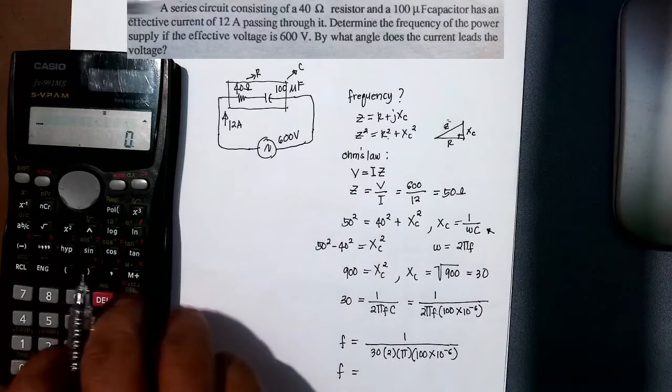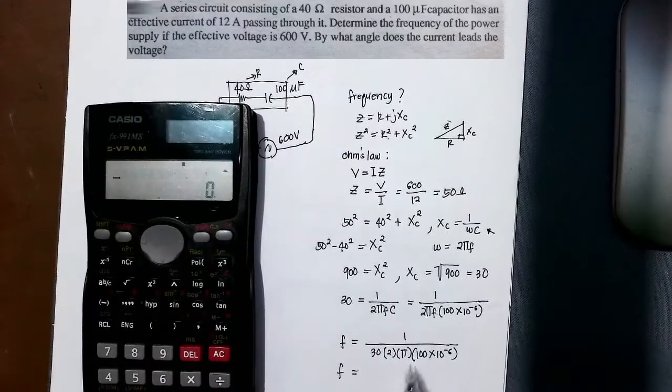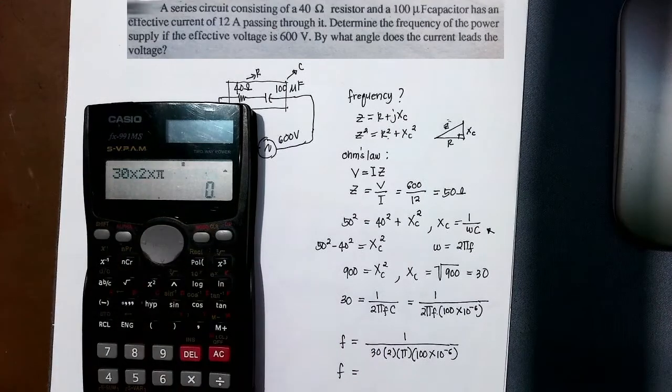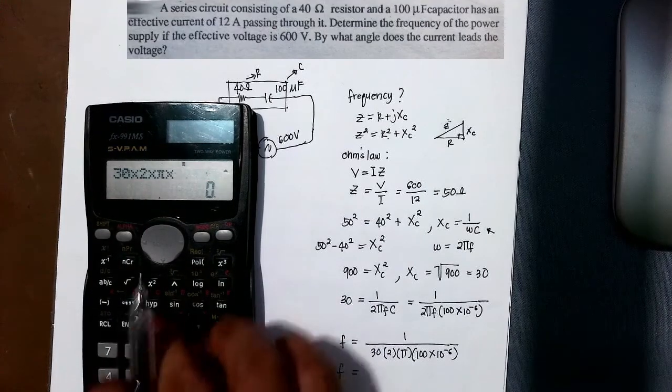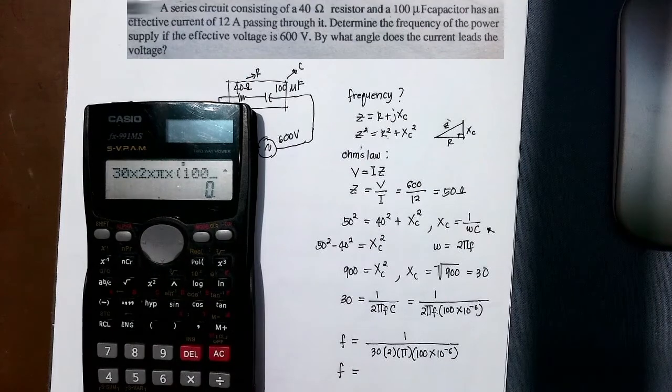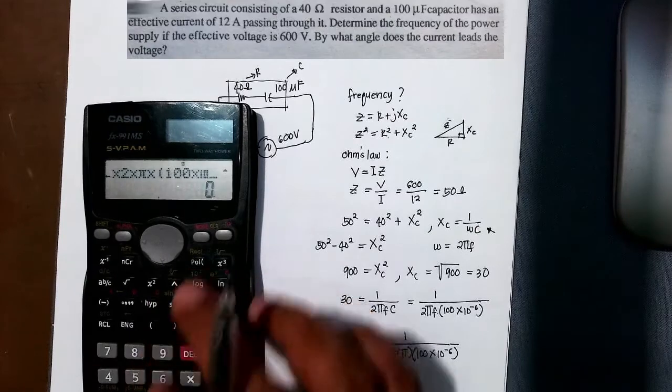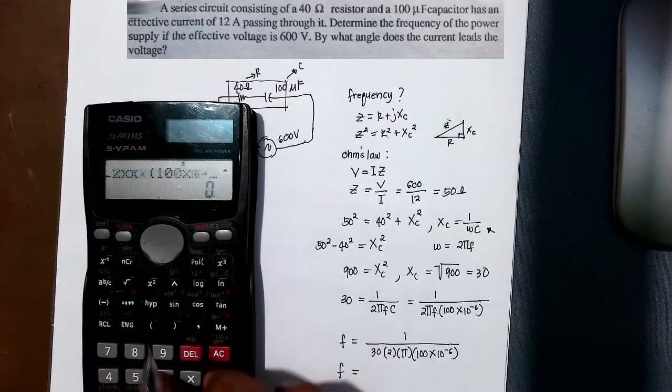Now you use your calculator, you multiply the denominator: 30 times 2 times pi times 100 times 10 raised to the negative 6.